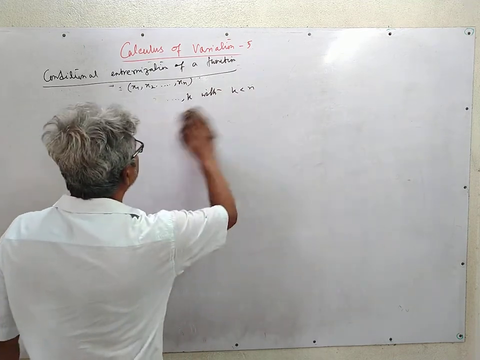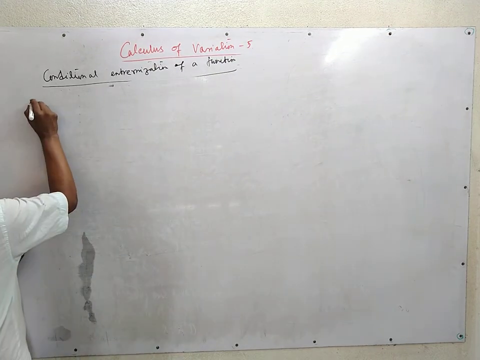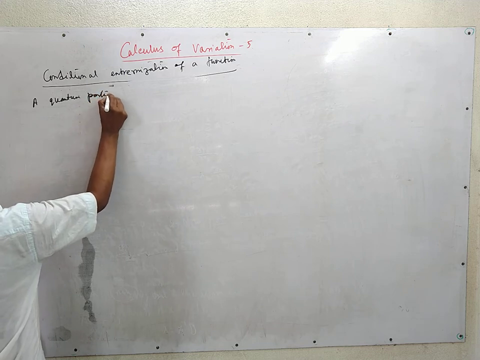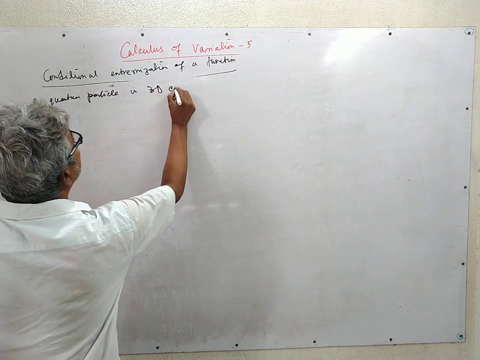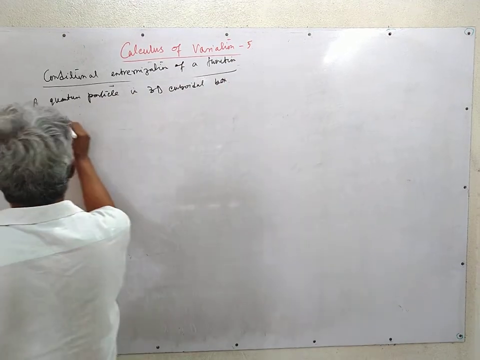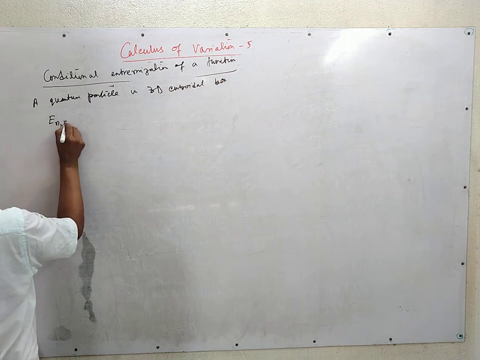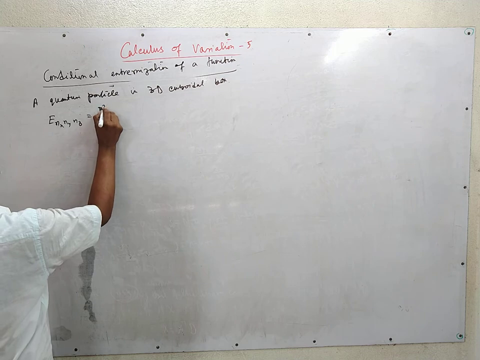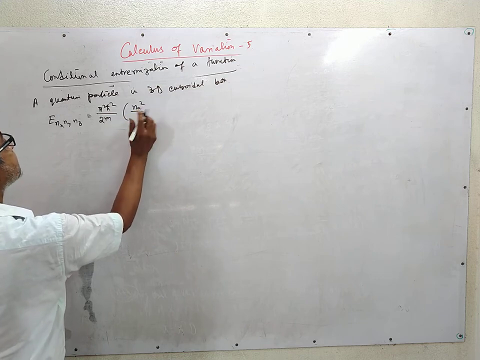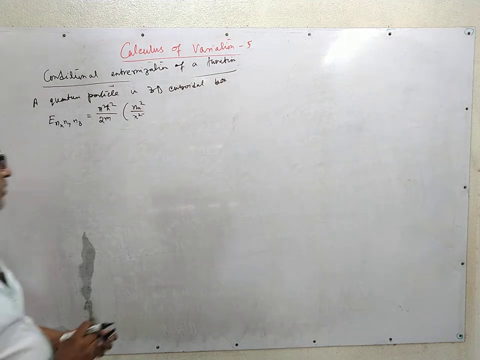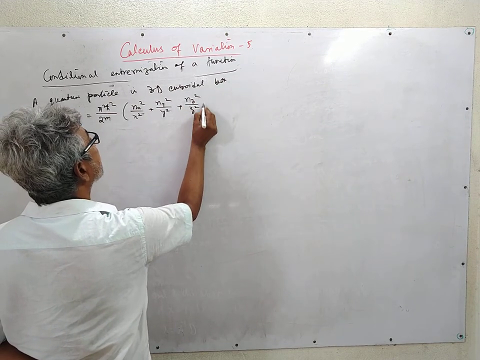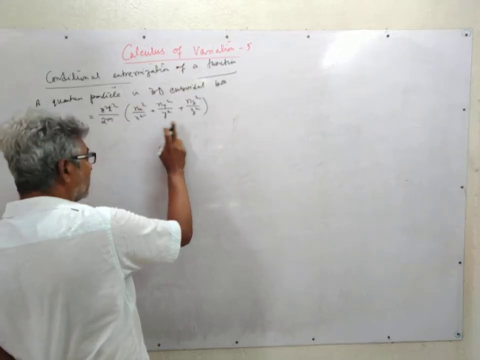We know the energy expression for a quantum particle in a 3D cuboidal box: E nx ny nz is equal to pi square h bar square by 2m, times nx square by x square plus ny square by y square plus nz square by z square, where x is the length of the box along the x-axis, y along the y-axis, and z along the z-axis.